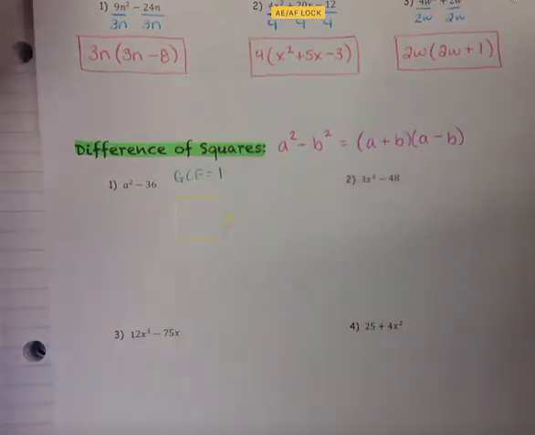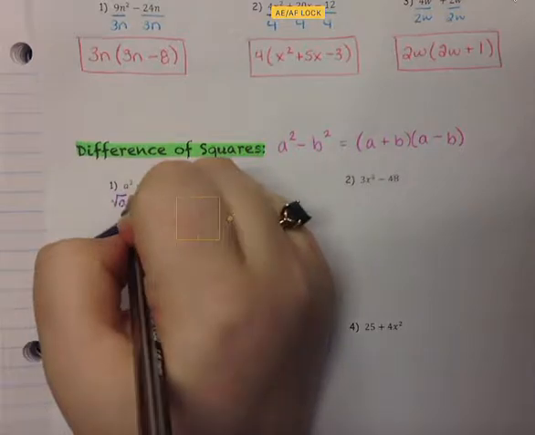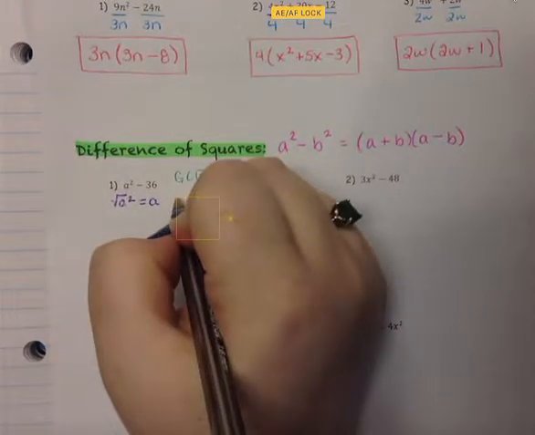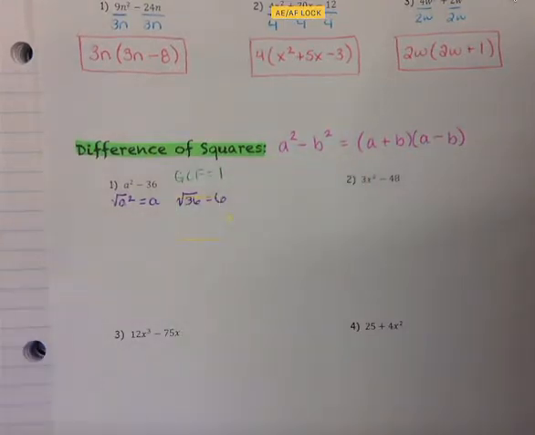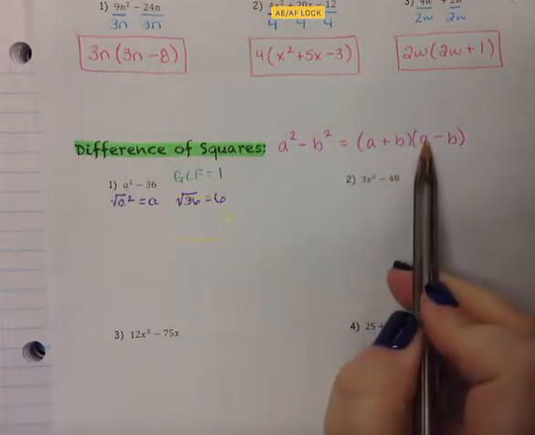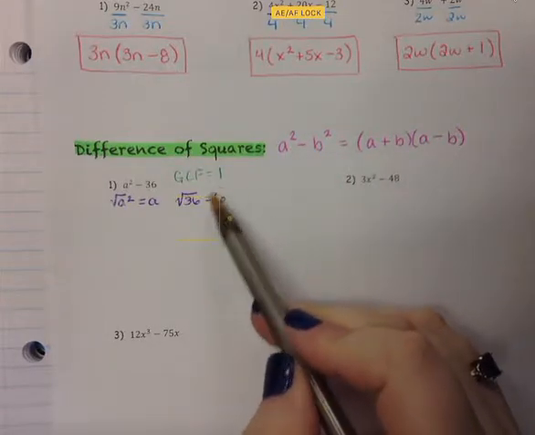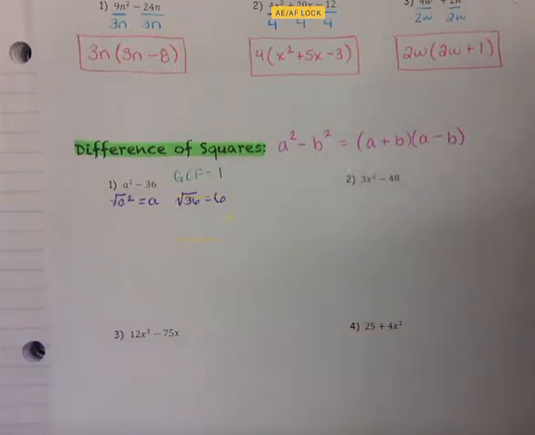So if I take the square root of a squared, it will give me a, and then the square root of 36 gives me 6. This will give me my first terms, so the parts in the beginning, and since this was my second term, it'll give me the parts at the end of our parentheses.